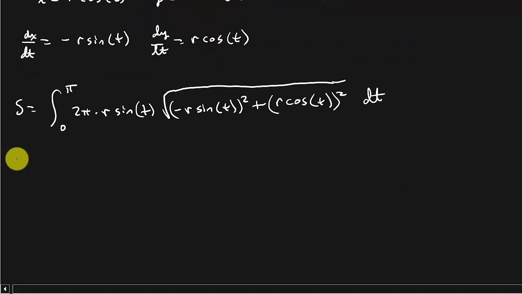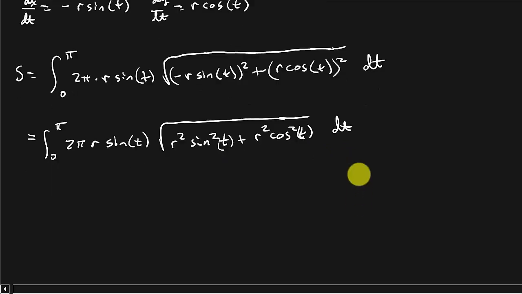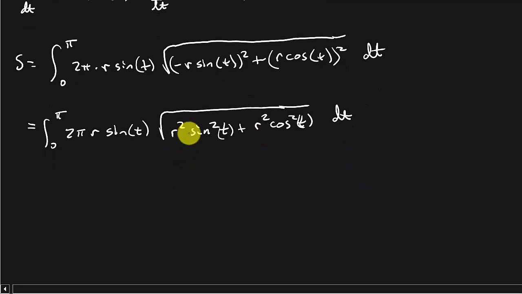All right, so let's hope this turns out pretty good. So I've got s is equal to the integral from 0 to pi of 2 pi r sine t times the square root of r squared sine squared t plus r squared cosine squared t, dt. Okay, so factor out r squared.